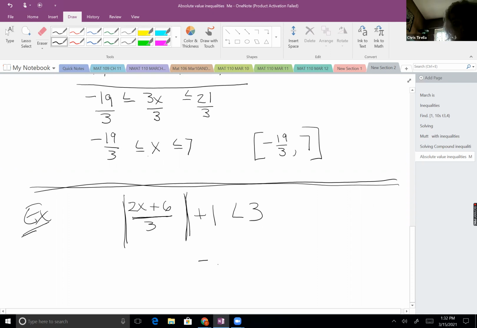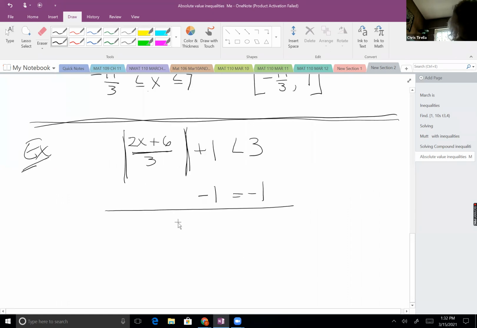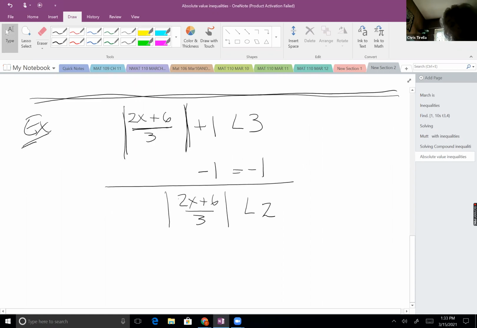And so I'm going to subtract 1 from both sides, which is going to leave me with the absolute value of (2x plus 6) over 3 is less than 2. Now, because my inequality is a less than, I'm going to change it into that compound inequality. Negative 2 is less than (2x plus 6) over 3 is less than 2.